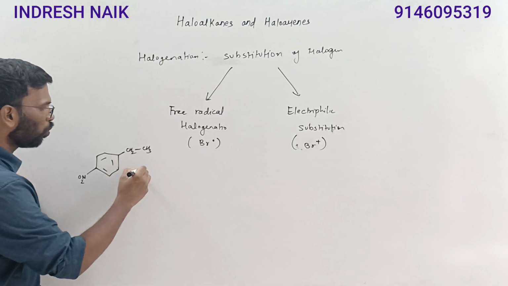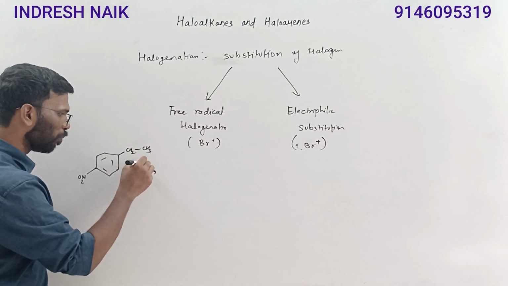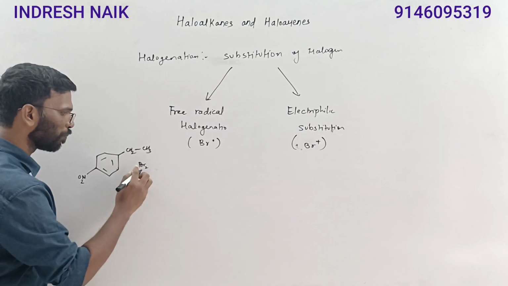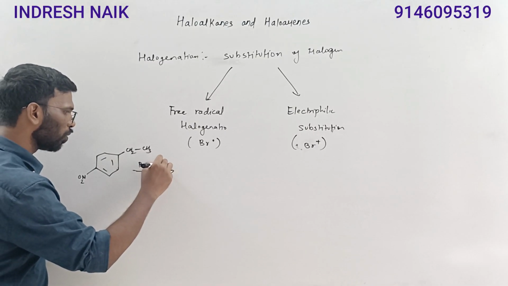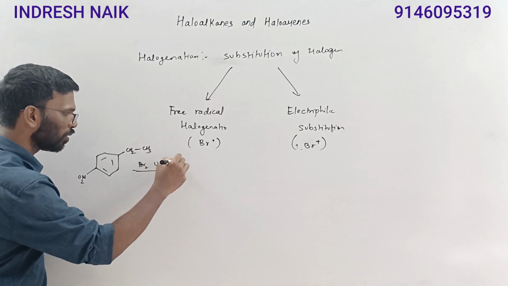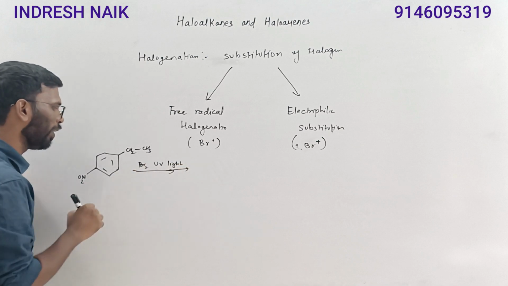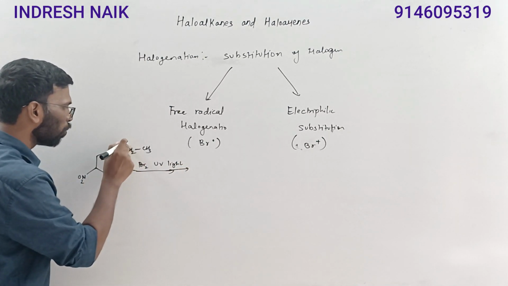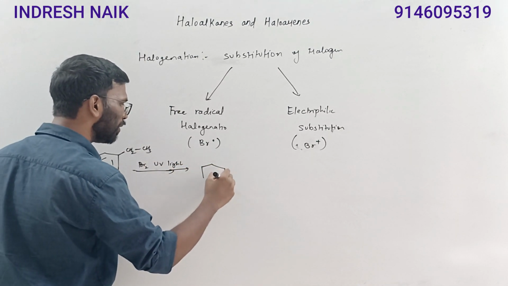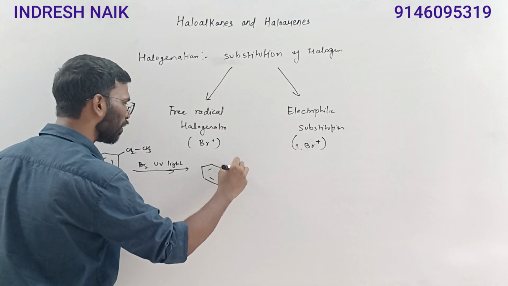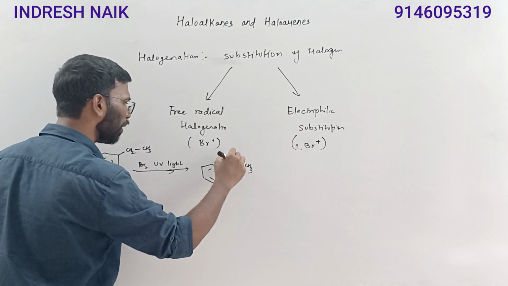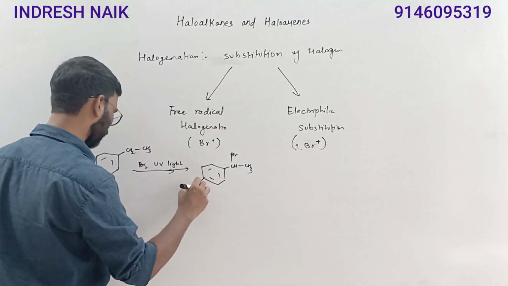So over here, if you do the bromination, free radical halogenation, like you understand from the UV light and bromine that it is a free radical halogenation, you get a product with Br substituted over here. I will write the major product only, Br getting substituted over here.